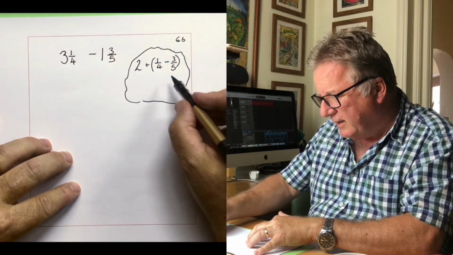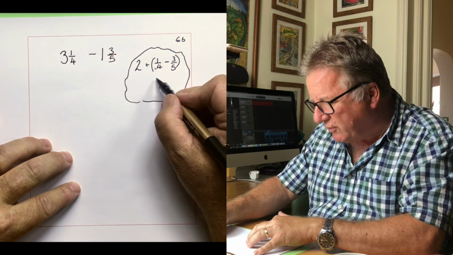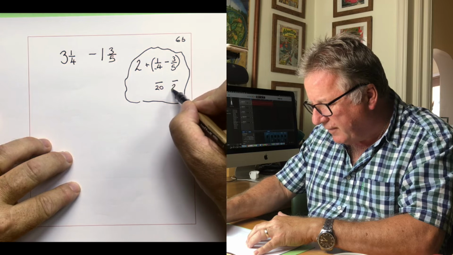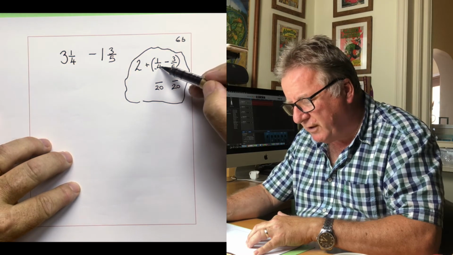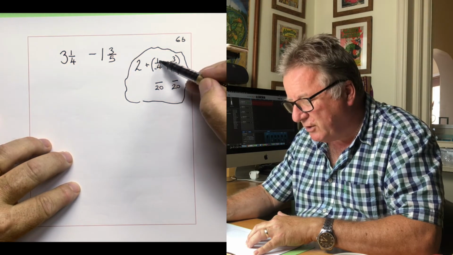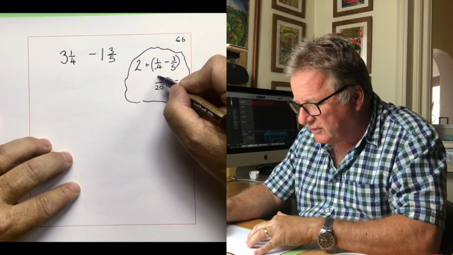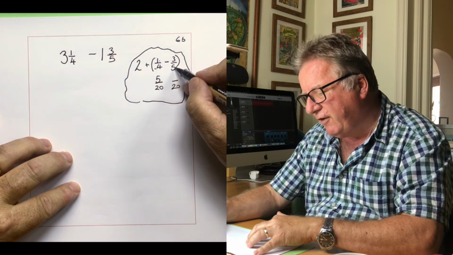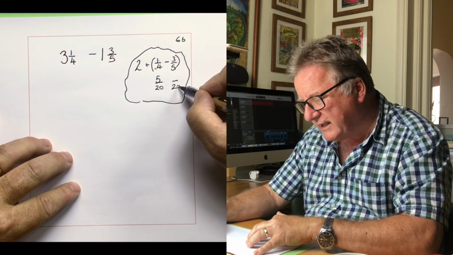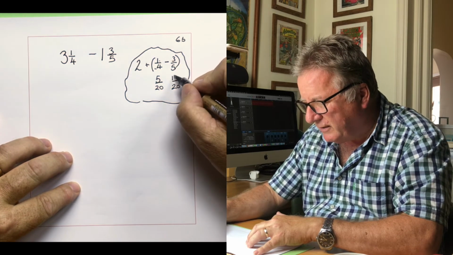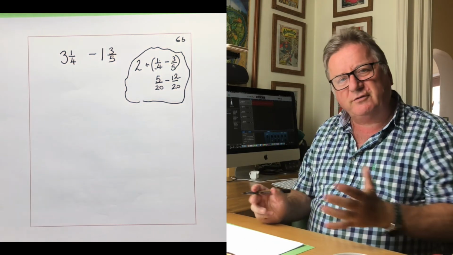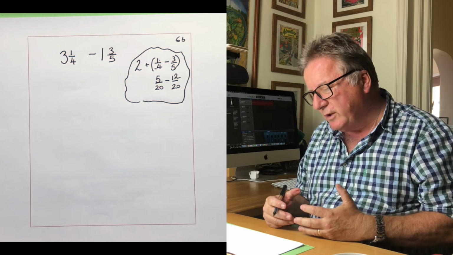Okay, if I make them the same number at the bottom, they become 20ths. So multiply the 4 by 5, so multiply the top by 5, which is 5 20ths. If I've multiplied the 5 by 4 to get 20, I'll multiply the 3 by 4, so I've got 5 20ths, take away 12 20ths.